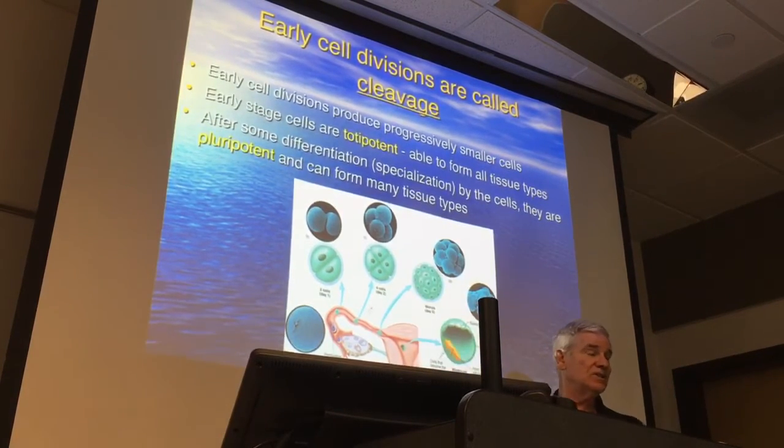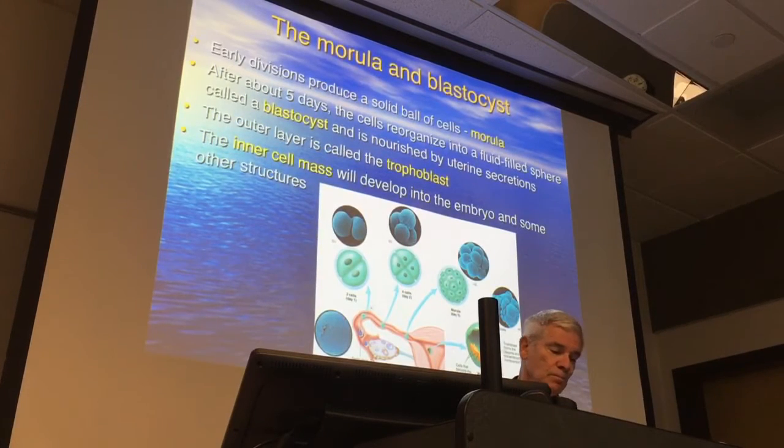Once you reach 16 or more cells, it's called a morula. A morula is a solid ball of cells, and that's on the next slide.